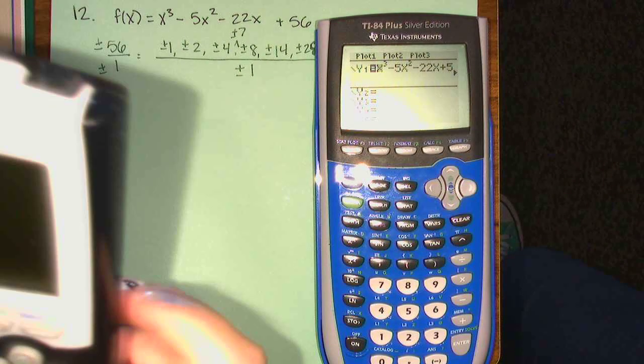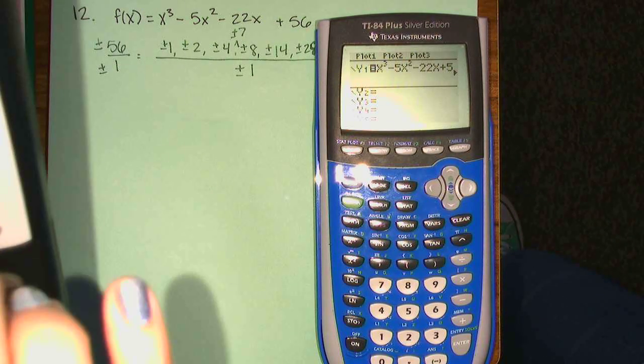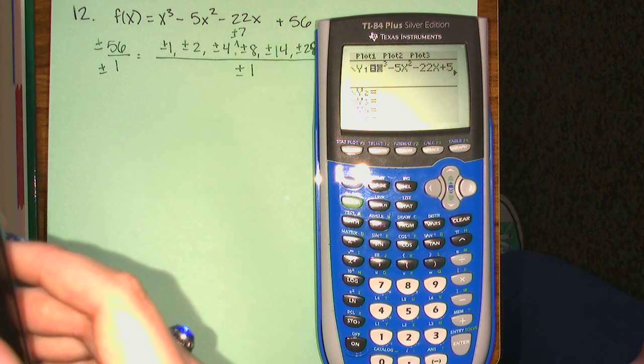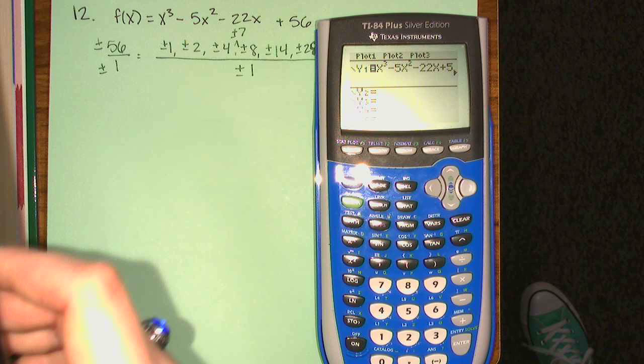Oh, it's going to do that because your y equals has other stuff in it. So like down here, all this stuff, you just need to clear those. I don't even know how you got arrows in there.